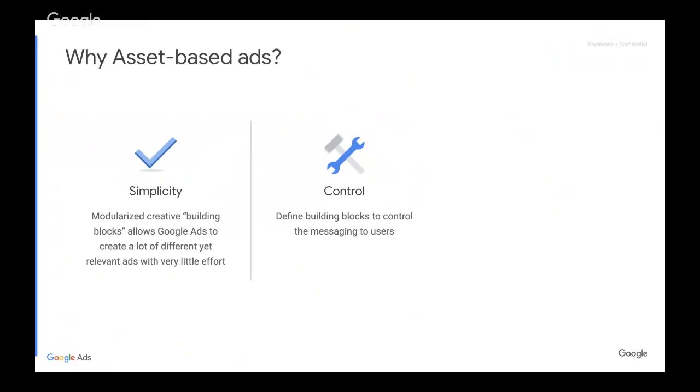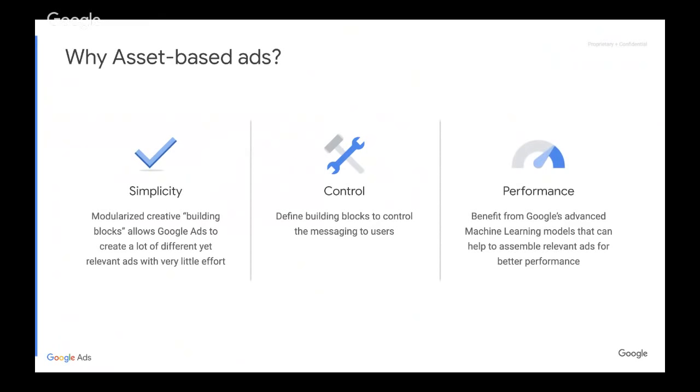You exactly can see which asset is working best and which one is working worst. So you have the control over what message goes out to your client and actually control that the right message goes out to your customers. And then, of course, what we see is that if a template is more dynamic, we see that it yields better performance because we can show different assets based on what we know of the user.